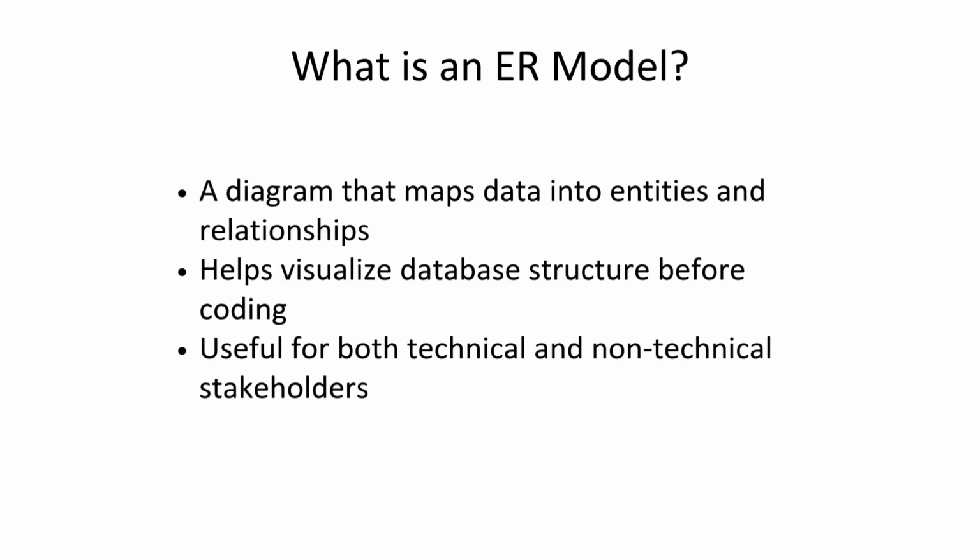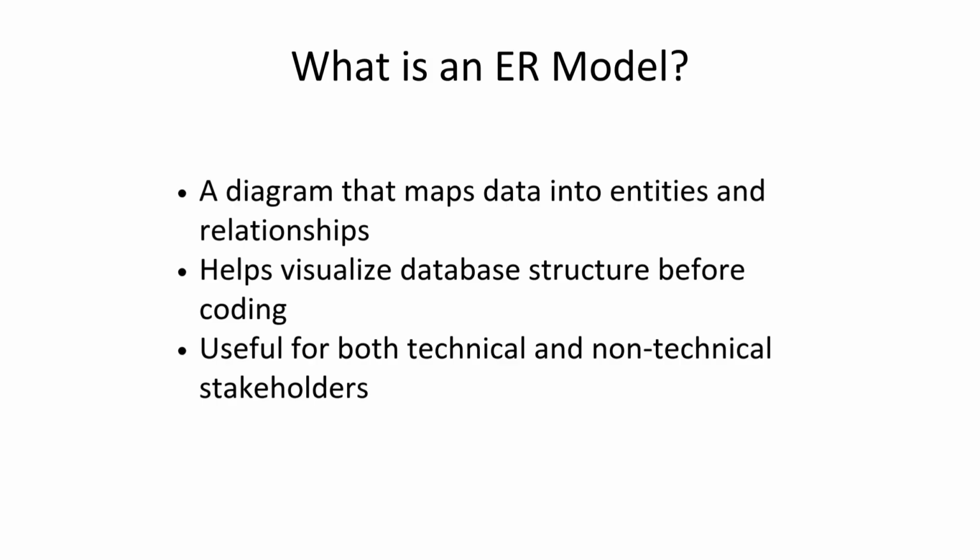What is an ER model? An entity relationship model is a visual map of the system's data. It shows entities, what things exist, like student, course; attributes, what describes them, like name, credits; and relationships, how they are linked, like enrolls.